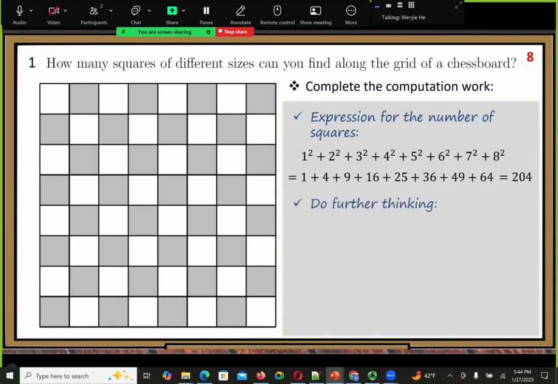But is there a formula? Because if I ask you the same question on a 100 by 100 chessboard, then it's hard to punch the keys on the calculator.